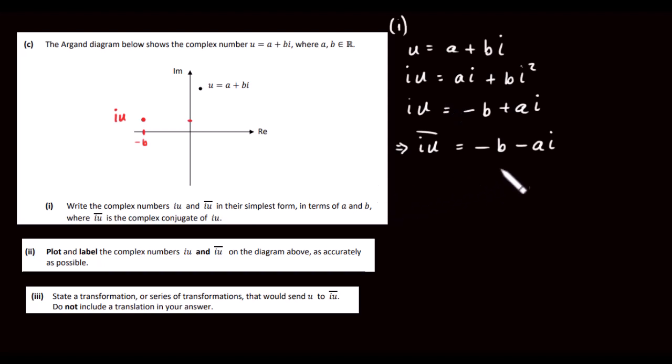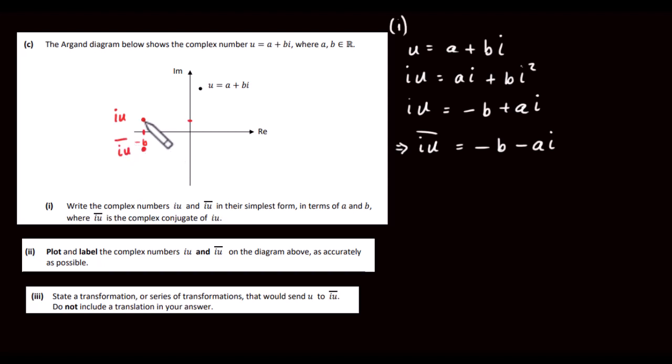We've also now got to plot the conjugate of this particular complex number here. So that's going to be minus b minus ai. So that's just going to be down here. So this is iu conjugate.